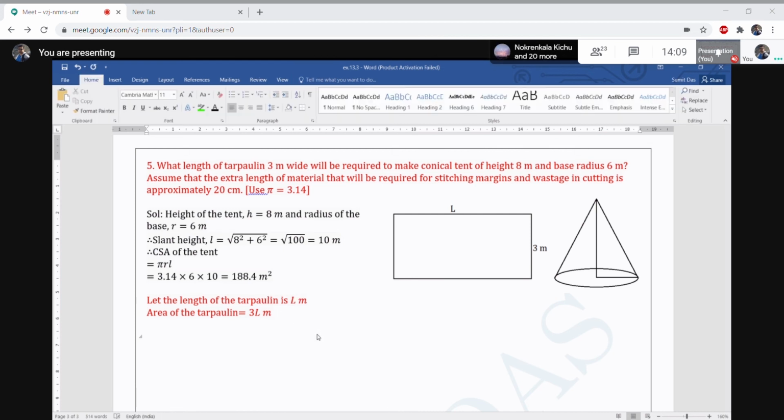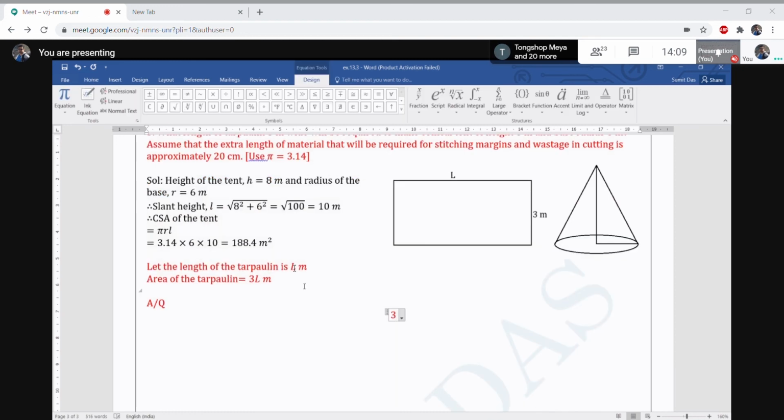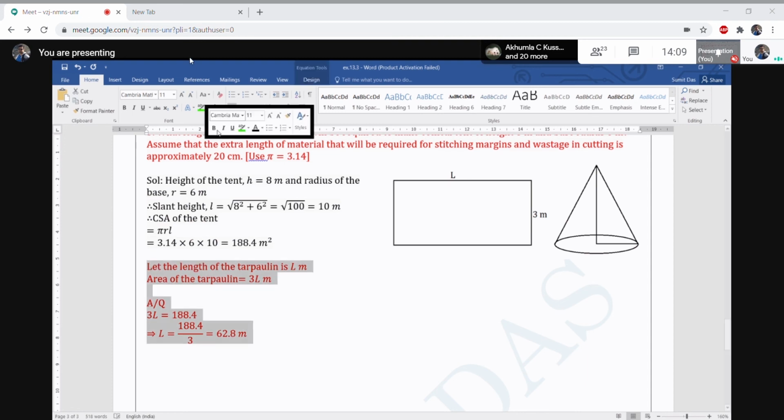As per the question, this 3L is equal to 188.4, right? 3L equal to 188.4. If you simplify this, L equal to 188.4 divided by 3, which is equal to 62.8 meter.